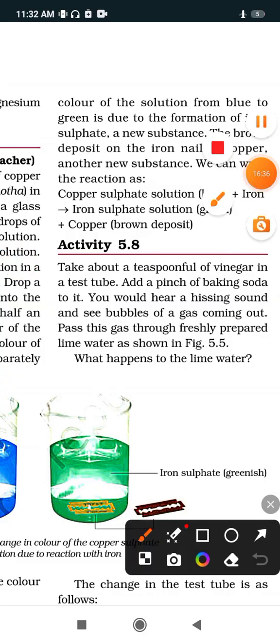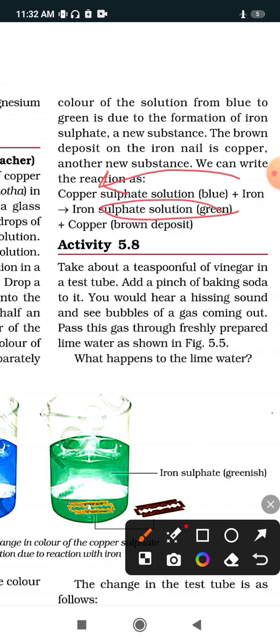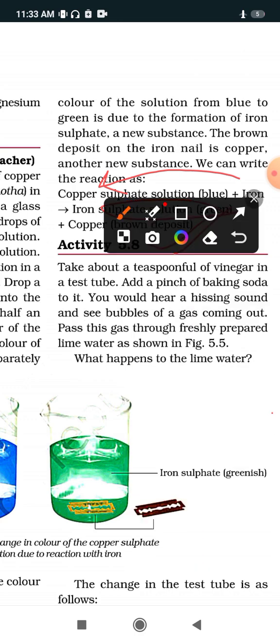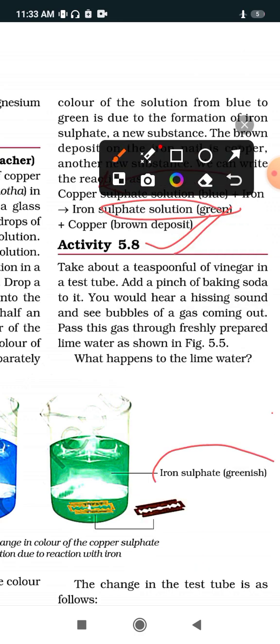Now see, copper sulfate, and here iron is given. Iron will replace copper, so iron sulfate forms and copper is displaced. Here two new substances are formed: one is iron sulfate, and some copper is also formed.